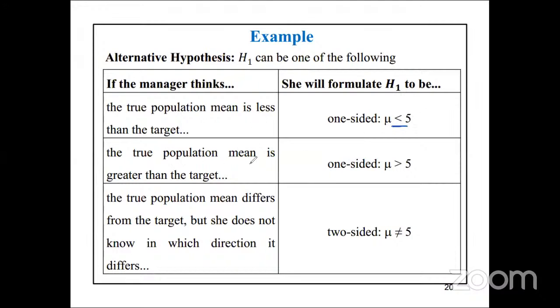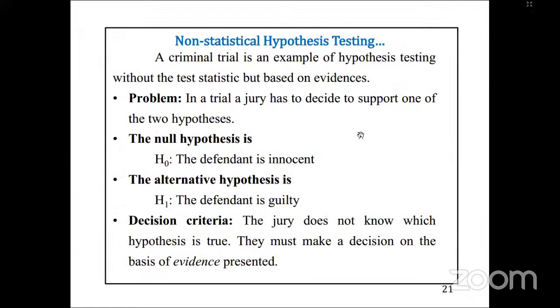If you want to establish that the true population mean, that means the mean inner diameter of the pipe, is more than 5, then set up this one. And if you want to establish that the mean diameter is not 5, it can be more or less, you will set up the two-sided hypothesis. So it depends on your situation, on what you want to establish in that problem. Accordingly, you are going to choose.